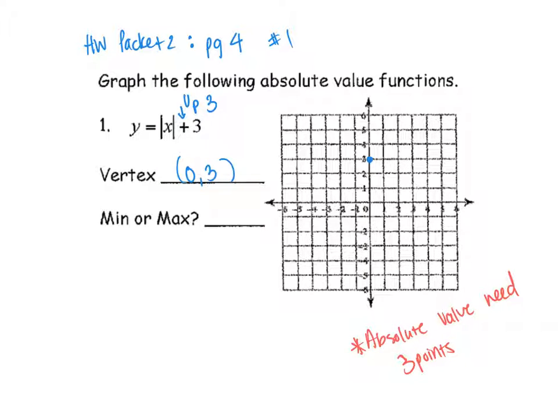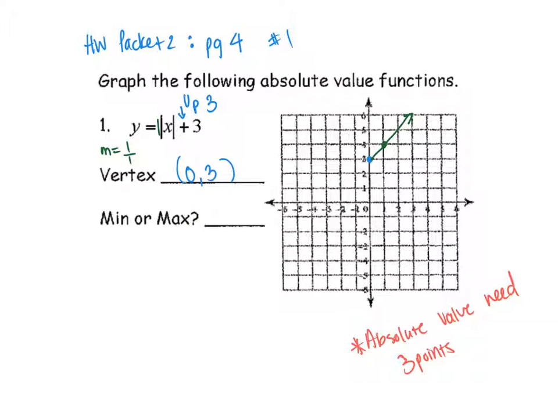Take a look at this x right here. The number in front of the x, there's not a number here, so we always assume it's 1. So I'm going to use the slope to find the other points. Just like if I had a linear line, I would have the y-intercept, but I would need another point, so I would use a slope. I'm going to use my slope here, which would be 1 over 1. So from the vertex, I am going to go up 1 over 1, plot, and then draw and connect the lines.